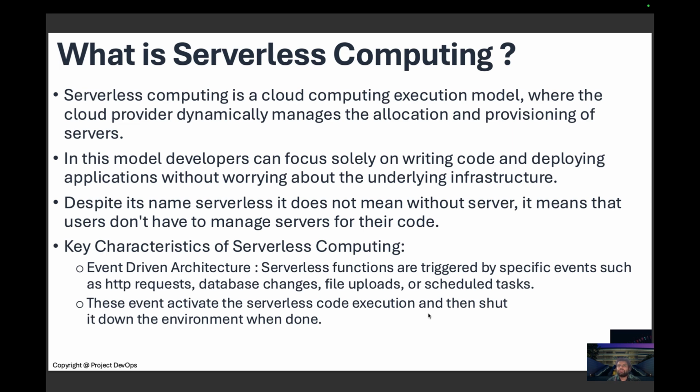For example, if you want to replace AWS EC2 instances which are not getting restarted or are not healthy, you can use a Lambda function to replace those EC2 instances with completely new instances. These events activate the serverless code execution and then shut down the environment when it's done.